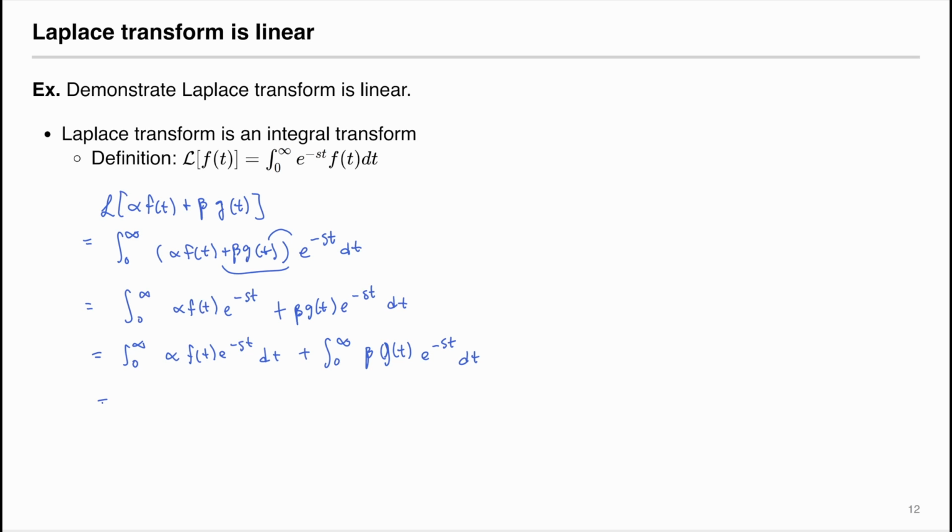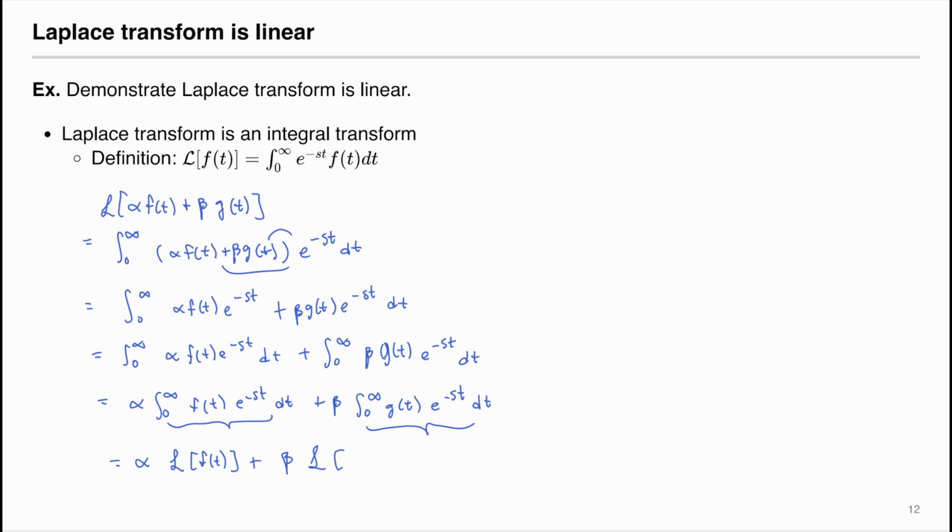Then I recognize that alpha and beta are constants, so I can take them out. And now I can see that this integral is exactly the Laplace transform of f of t, and this integral is exactly the Laplace transform of g of t.